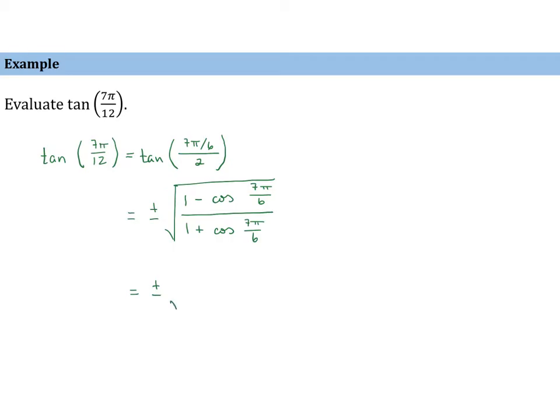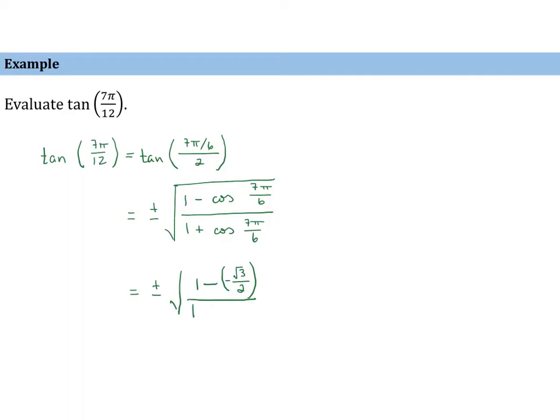And so we have plus or minus 1 minus, and now the cosine of 7 pi over 6 is based on the reference angle of pi over 6. So cosine of pi over 6 is root 3 over 2. And 7 pi over 6 is in the third quadrant, where cosine is negative.